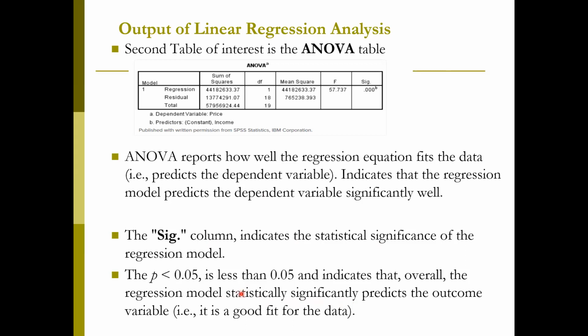And the overall regression model statistically significantly predicts the outcome variable. Once it is significant, then it is a good fit for the data. It means the model is the most appropriate model for the data we have. That is why we use the term good fit for the data.